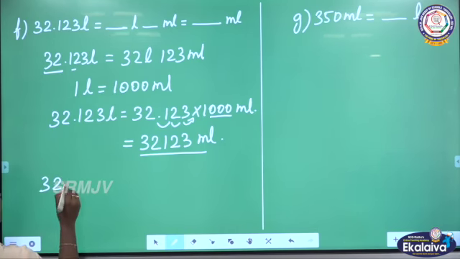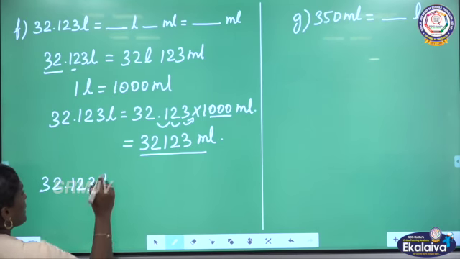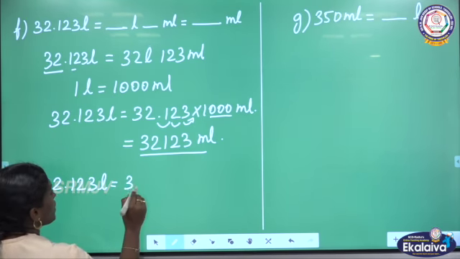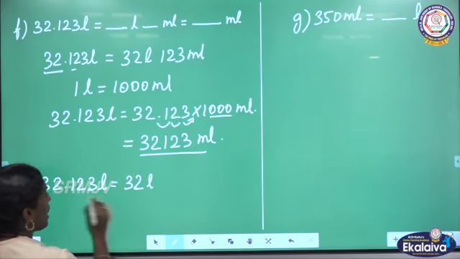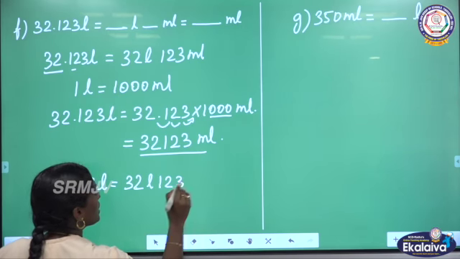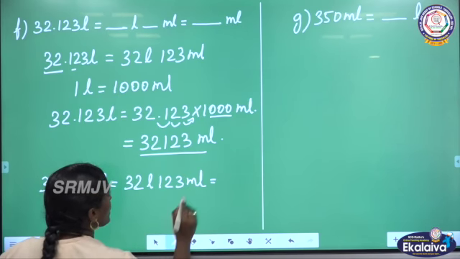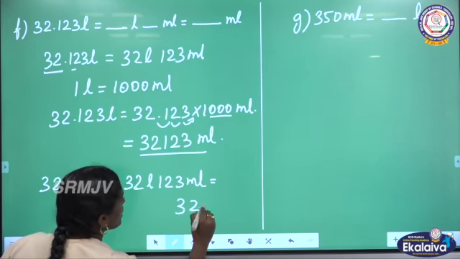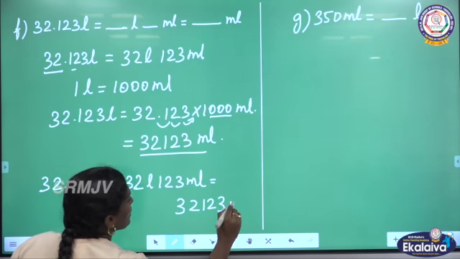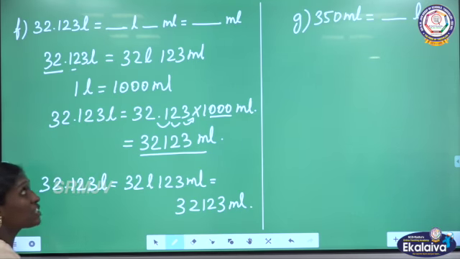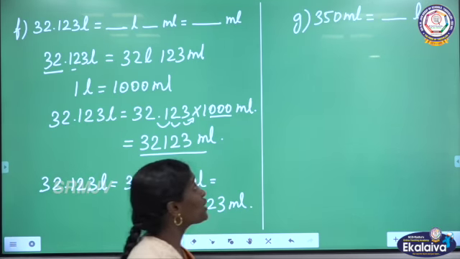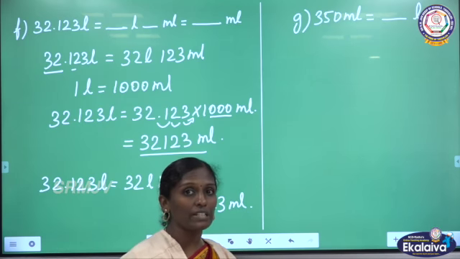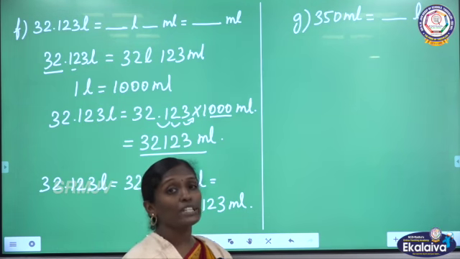So 32.123 liter is equal to 32 liter and 123 milliliter, which is equal to 32,123 milliliter. Was it clear, children? Then next one, 350 milliliter, we have to convert it into liter.